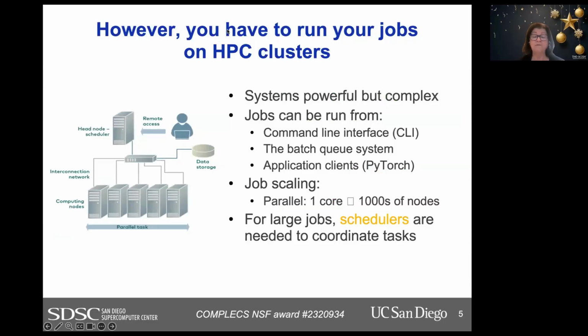So the good news is you have a model that's growing and requires that you get onto a machine like Expanse or other parallel computers. The bad news is it is challenging. Your model is somewhere on your laptop or on another machine, and you need to get access to these supercomputer nodes. They're pretty complicated.